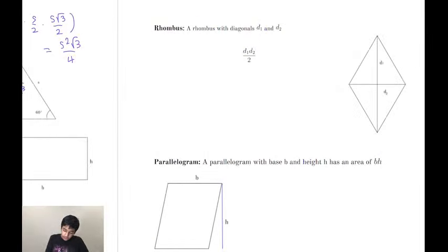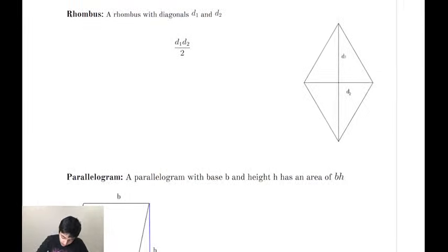Now, this is something I actually didn't talk about in one of my classes: the area of a rhombus is d1 times d2 divided by 2, the product of the diagonals divided by 2. The reason this is true is because we can imagine extending these lines. Sorry, it's not a very good diagram, but the point is that you can imagine there are 4 different triangles here, and the triangles all have the two side lengths d2 by 2 and d1 by 2.